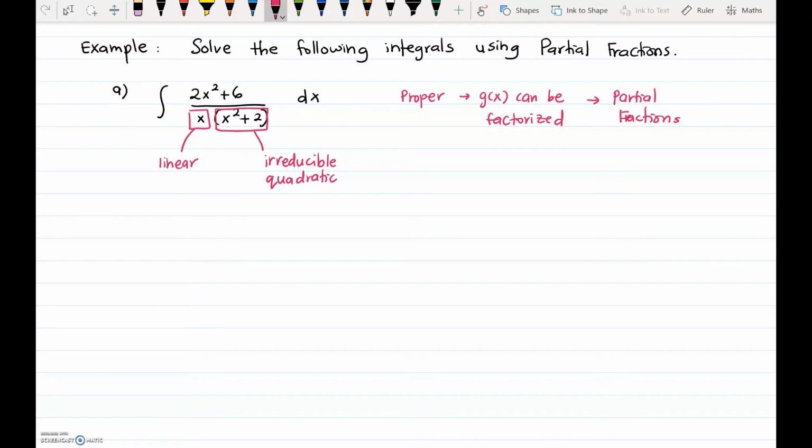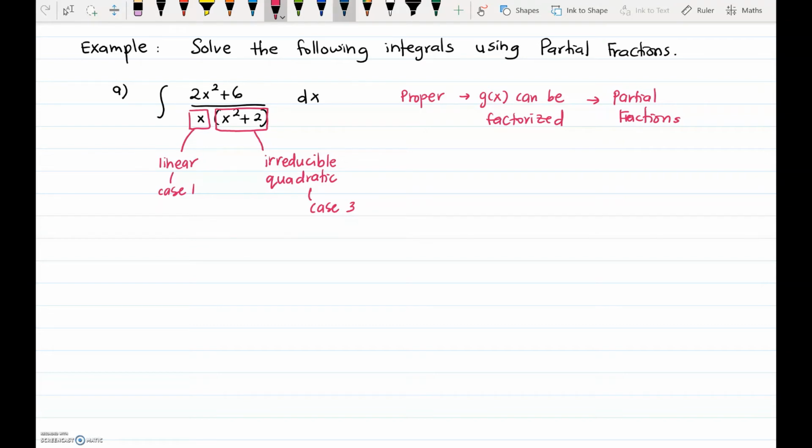Because we cannot factorize x² + 2 into a linear form. So to set up your partial decomposition, we have to use case 1 for the first one, and case 3 for the second one. So basically the question you will have is a combination of 2 or more cases.